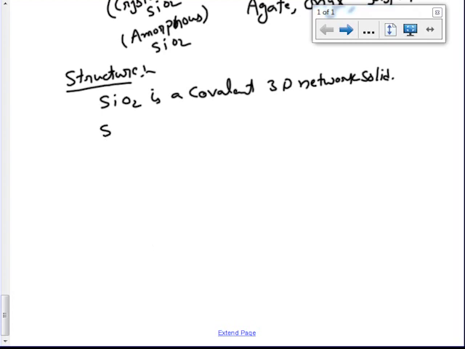And more, SiO2 exists in the solid state. It is a giant molecule.